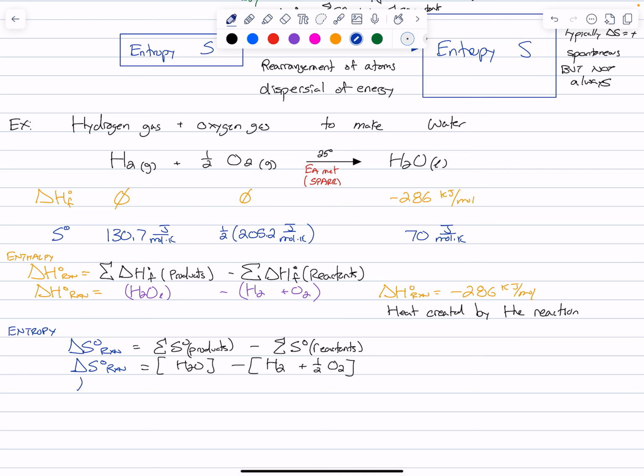So H2O is 70, H2 is 130, and half of 205.2. I get delta S to be negative 163.